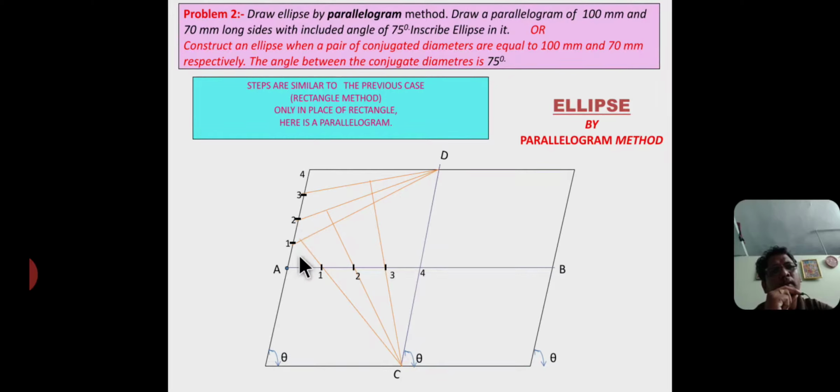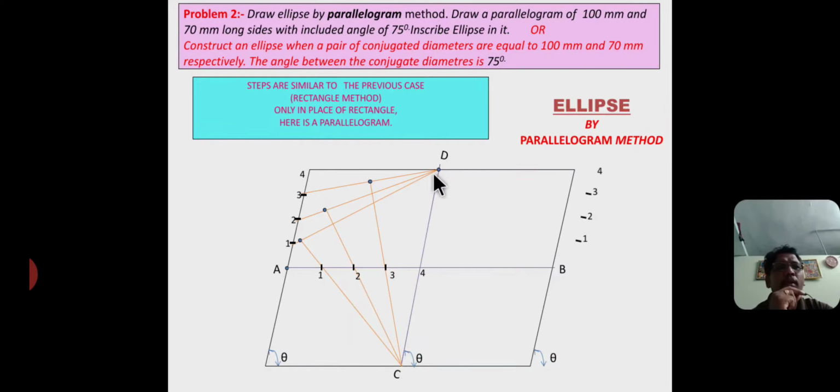Similarly, this point is the intersection of C2 line and D2 line, this is the intersection of C3 line and D3 line, and this point D is the intersection of C4 line and D4 line.